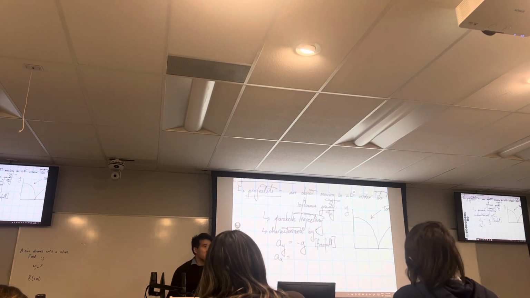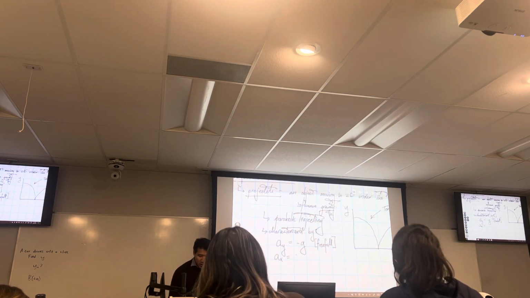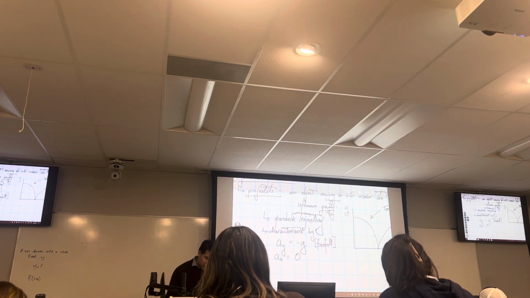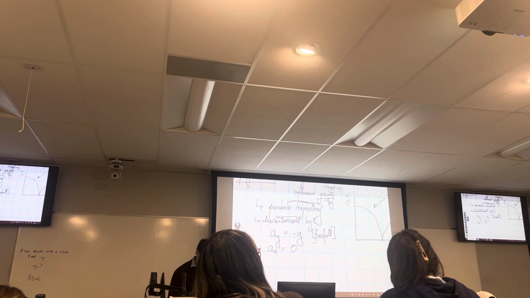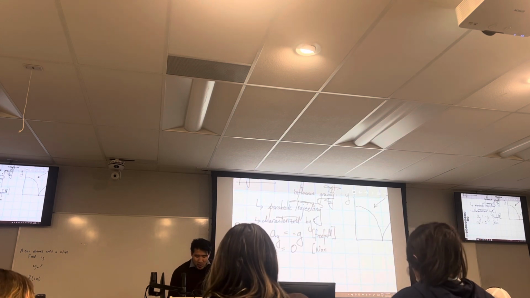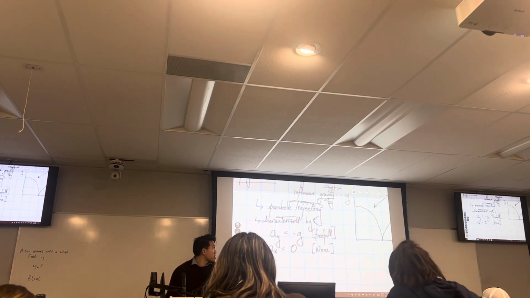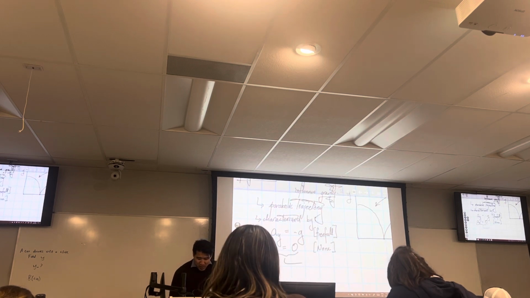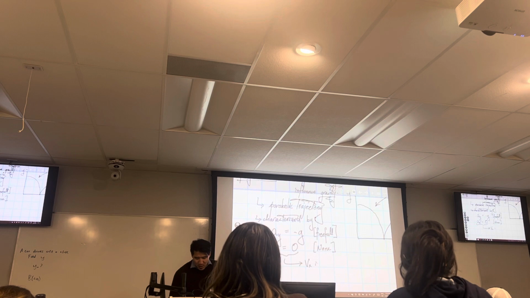Acceleration in the x direction is going to be equal to 0. So in the x direction, there is no acceleration. One of the implications of this is that Vx is constant.